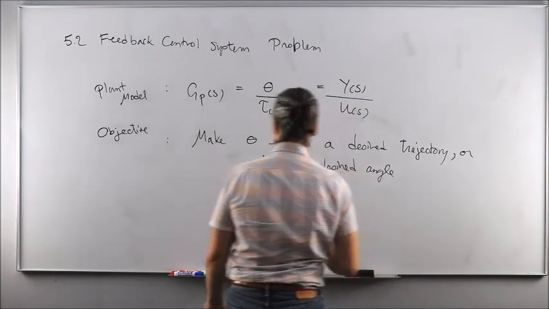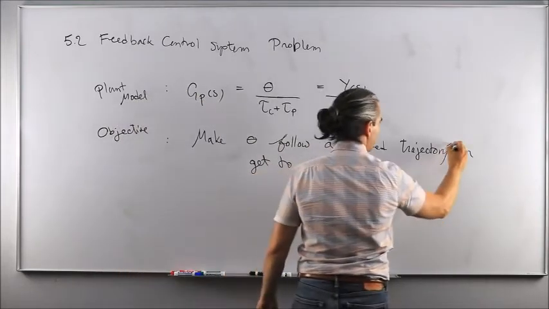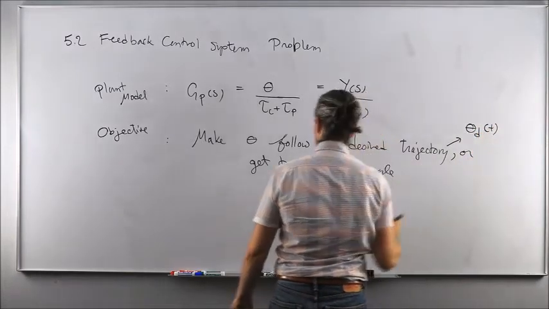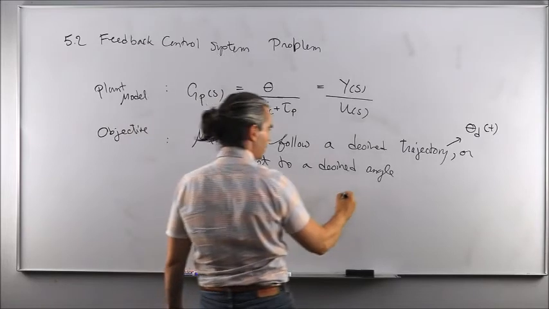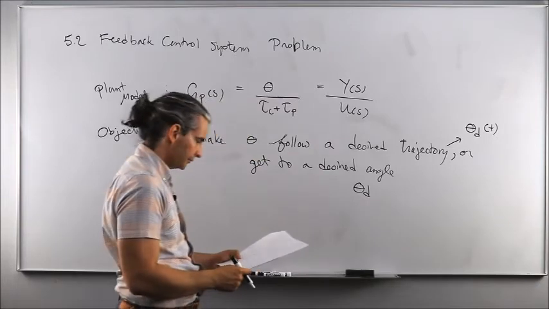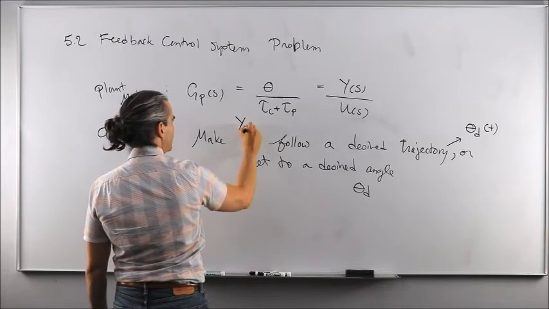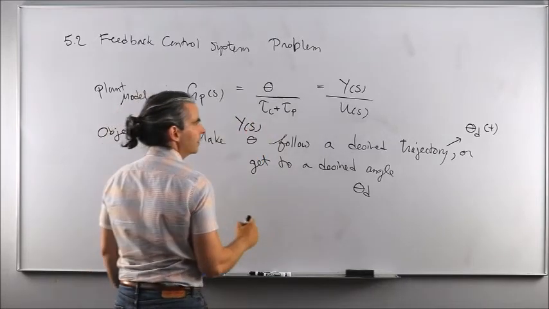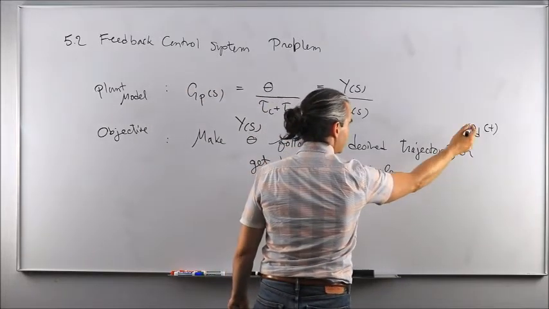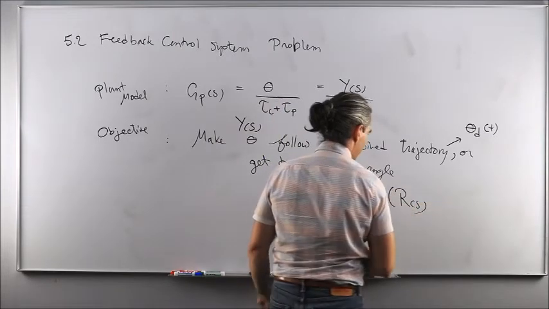Yeah, then that's all. So we want to make theta follow a desired trajectory specified in terms of desired angle as function of time, or simply get to a desired angle value, theta d, which won't be a function of time, okay? So generically speaking, we want to say that we want to make the output of the plant to follow what's known as a reference signal. That could be theta d function of time or just theta d. And that reference signal is going to be denoted as R of S.